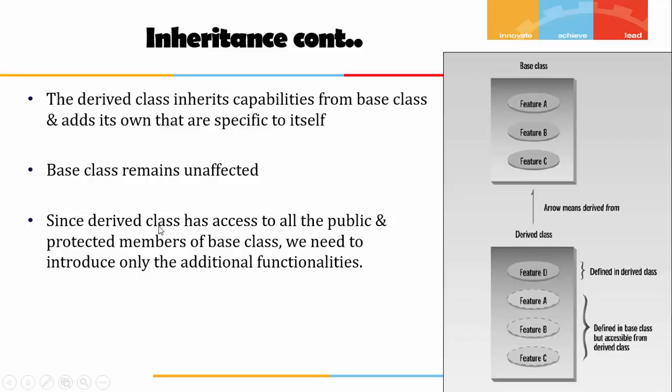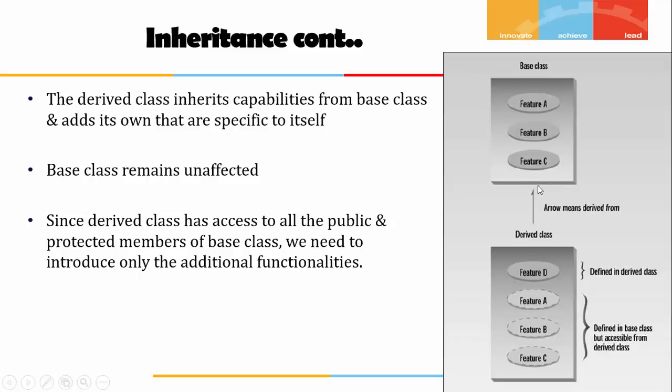So once a base class is written and debugged, it need not be touched again. Using inheritance, it can be adapted to work in different situations. Reusing the existing code not only saves time but also increases the program's reliability.